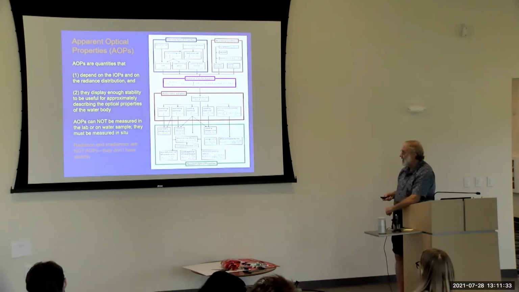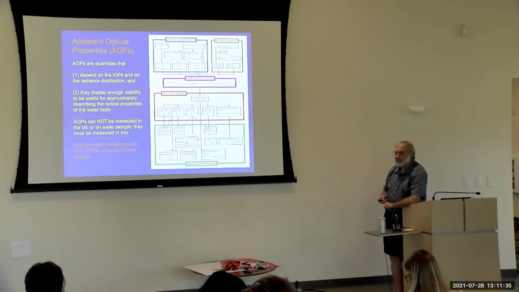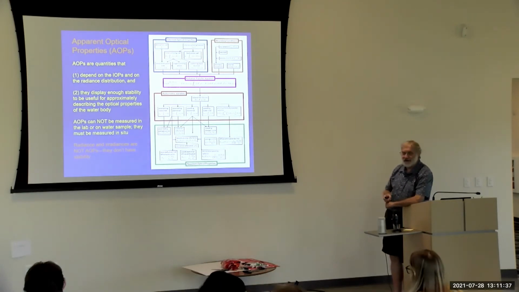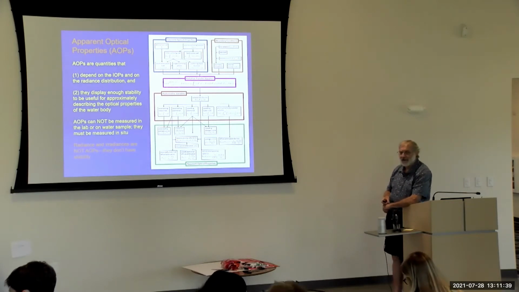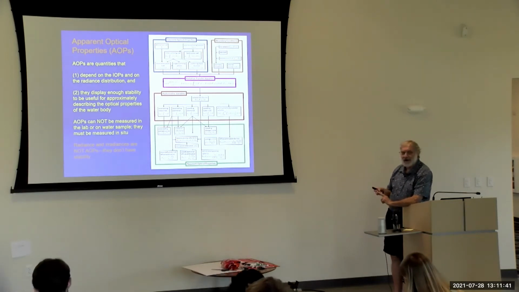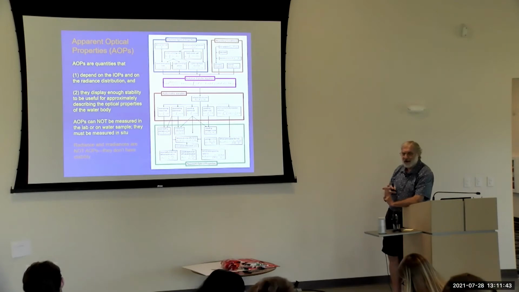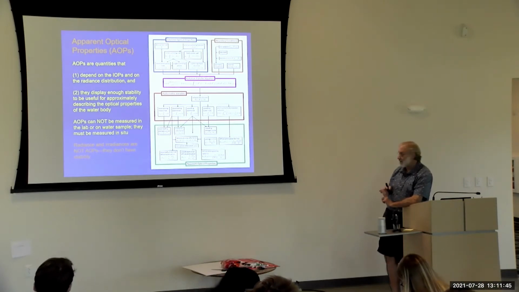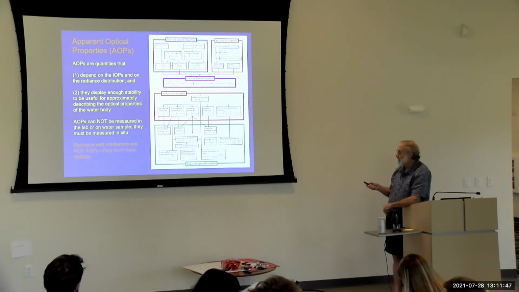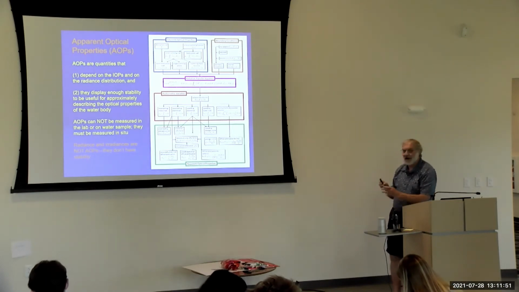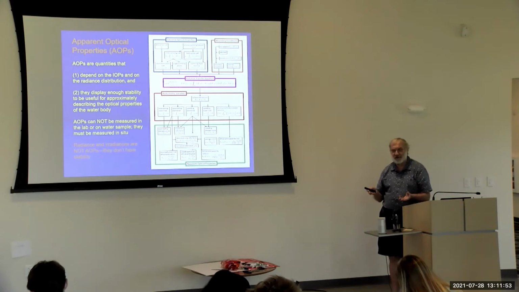So the bottom line to remember, which I think 90% of the people in this field forget, is that to be an AOP, you have to satisfy two conditions. First of all, AOPs are quantities that depend on the IOPs and the radiance distribution.